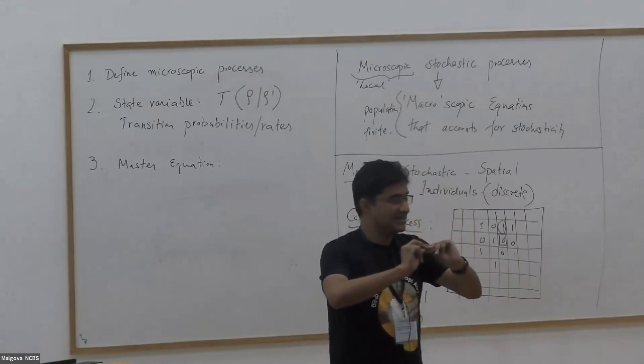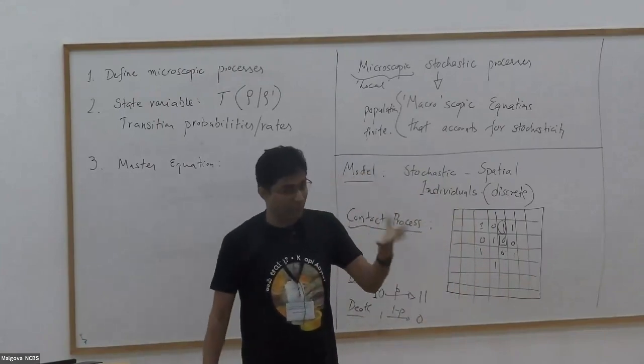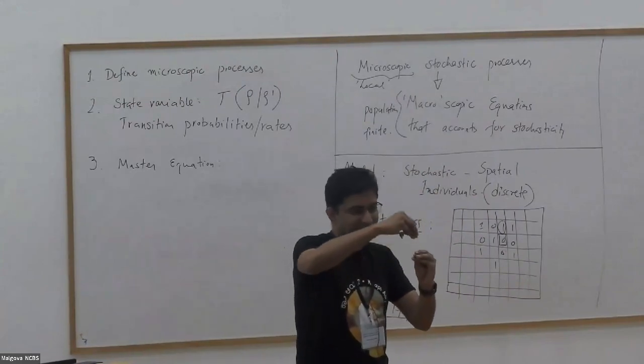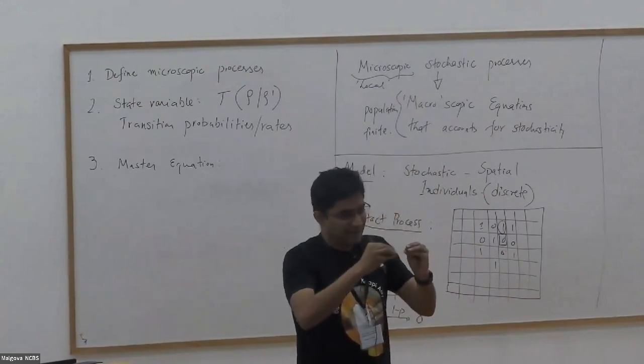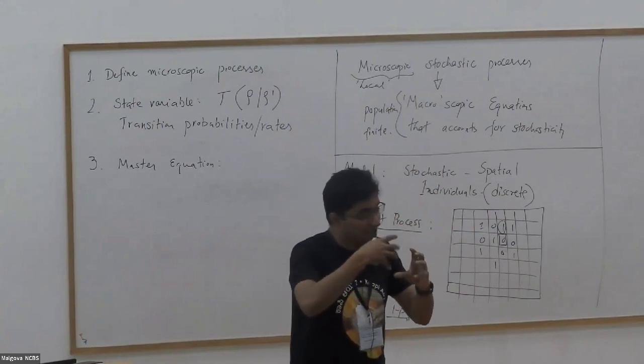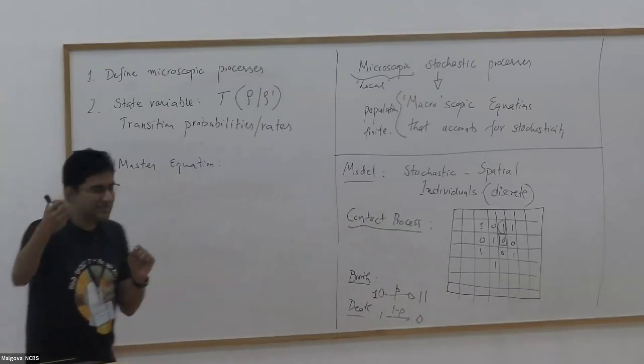Even if I know the initial conditions extremely precisely, and even if I know all the rules precisely in probabilistic terms, in one realization I might take a trajectory like this. I might take a slightly different trajectory in the next instance. So there are many possible outcomes, and I cannot talk of a single trajectory anymore.